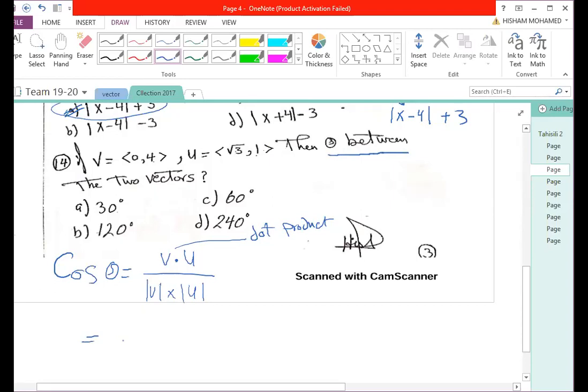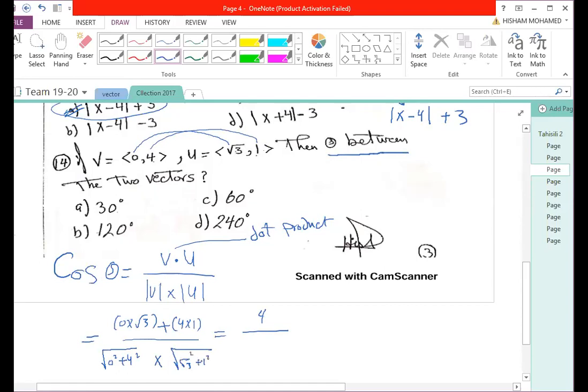v dot u is 0 multiplied by root 3 plus 4 multiplied by 1, which is equal to 4. The absolute value of v is root of 0 squared plus 4 squared, multiplied by the absolute value of u, which is root of 3 squared plus 1 squared.